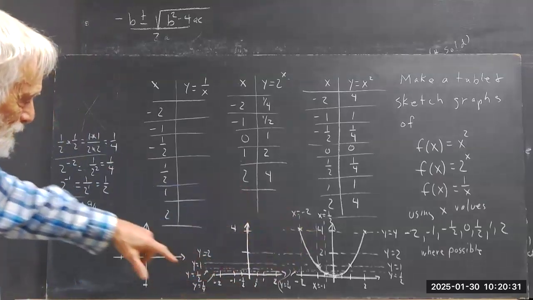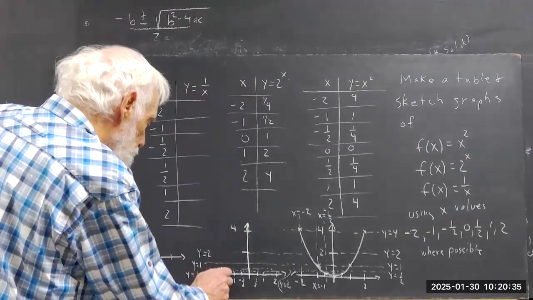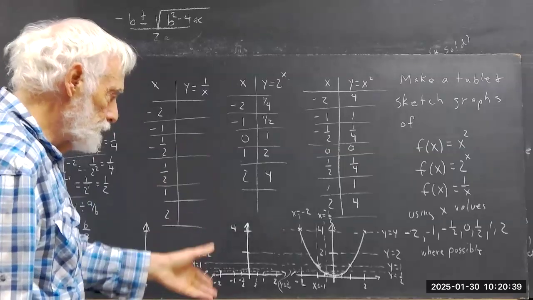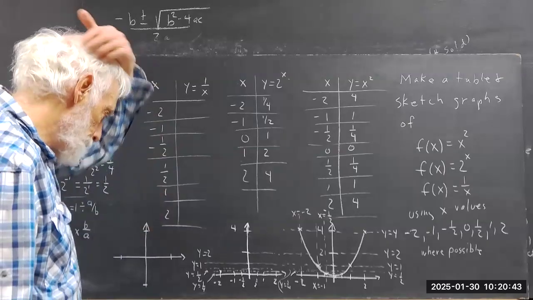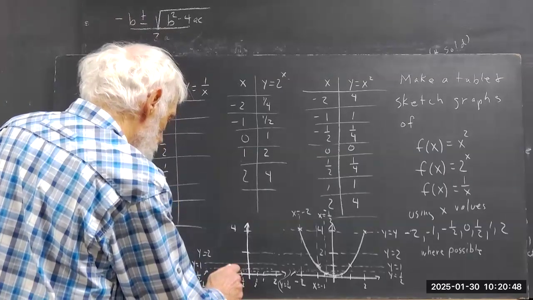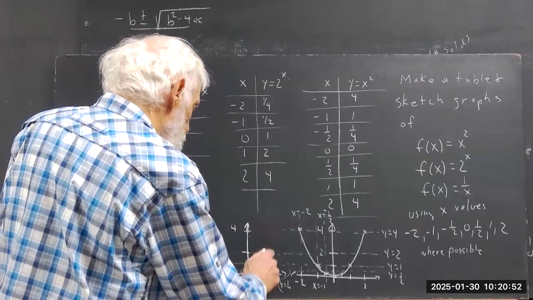Now, okay, so what do we want? We want (-2, 1/4). Well, there's -2 and there's 1/4. The line x equals -2 intersects the line y equals 1/4 there. Okay, and then we have (-1, 1/2). Well, that's going to be here. And (0, 1), and (1, 2).